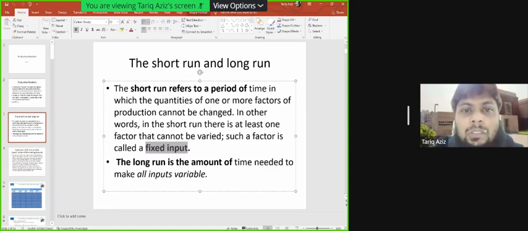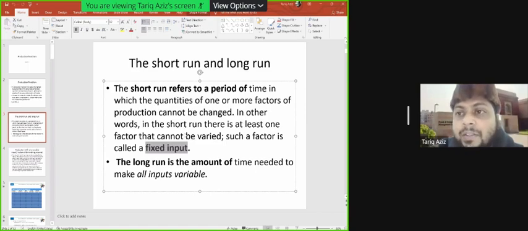So this is how short run and long run periods are defined. A short run period is a period of time in which one or more inputs are constant and cannot be changed, and such inputs are called fixed input. And a long run is a time period in which all inputs are variable.